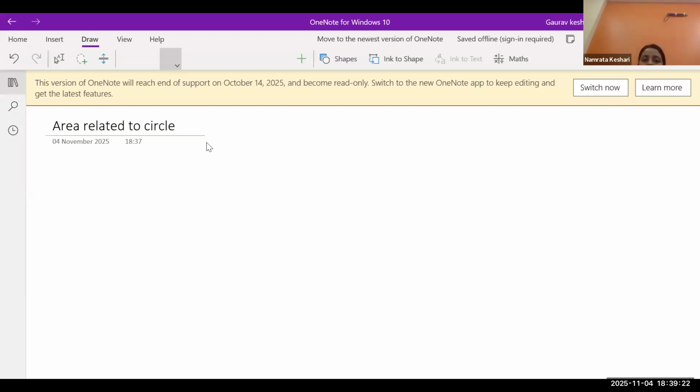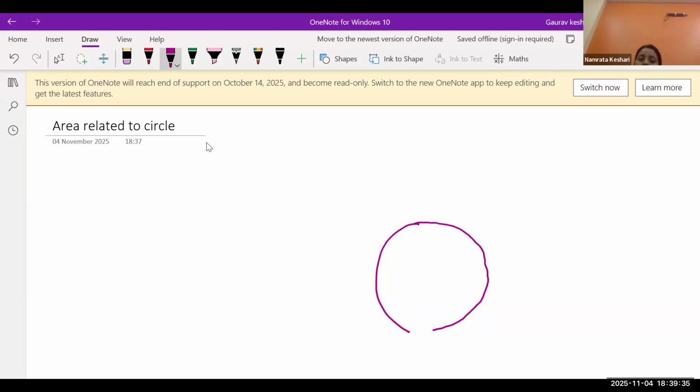So length of the arc, if we have to find, suppose we are having a circle, and if you find the complete arc length, that's called the perimeter, or we call it the circumference of the circle, right? One complete revolution means circumference, and the formula for circumference of the circle is 2 pi r, right?